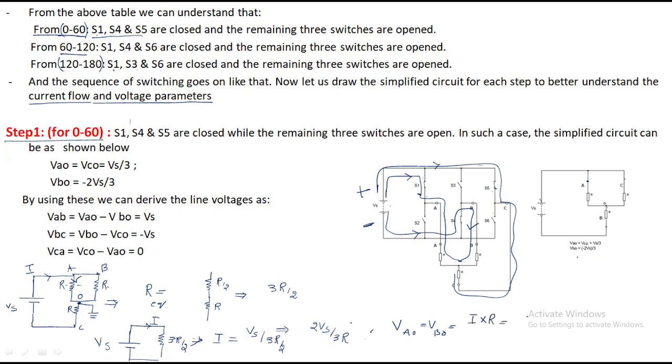What is the current value? 2 Vs by 3R into resistance. What is the resistance?